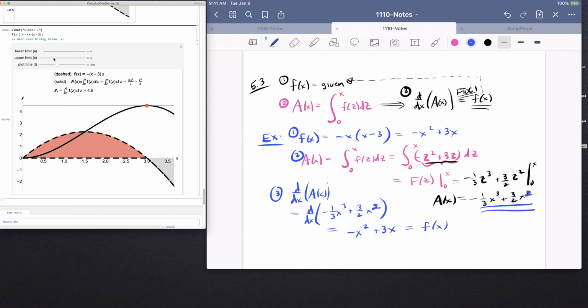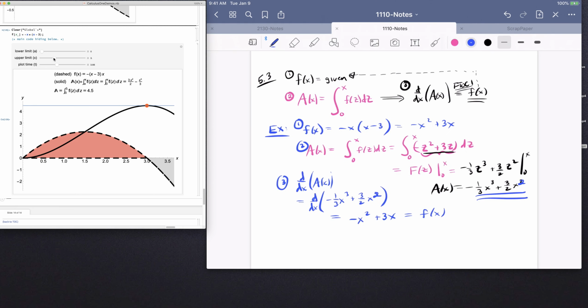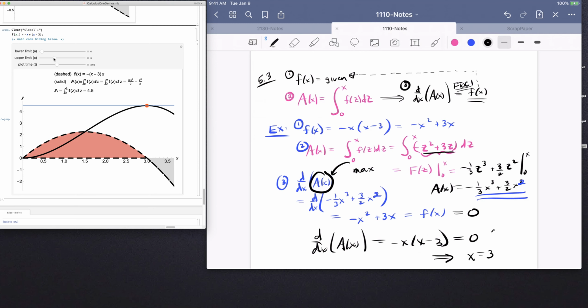That makes sense because if you want to find where the maximum values of the area function are, you find the derivative of that function and set it equal to 0. Because the derivative of the area function is the original function itself, negative x times x minus 3, when you set the derivative of the area function to 0, we get that x equal to 3 is a critical number of the area function.